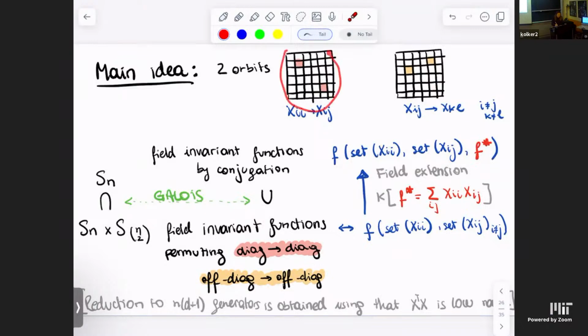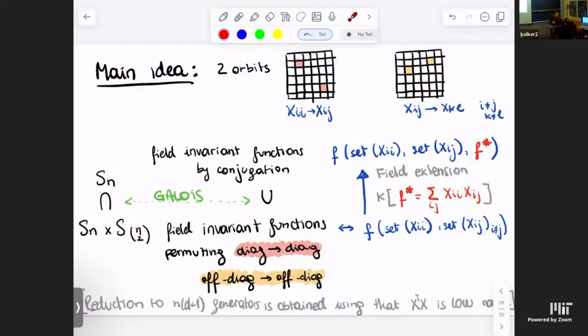When we write the matrix of inner products and look at the action of permutations on it, the permutations can move diagonal elements of this matrix to diagonal elements, and off-diagonal elements to off-diagonal elements. So you kind of have two orbits, but you cannot do these two changes independently. Something has to glue how to permute off-diagonals with diagonals.